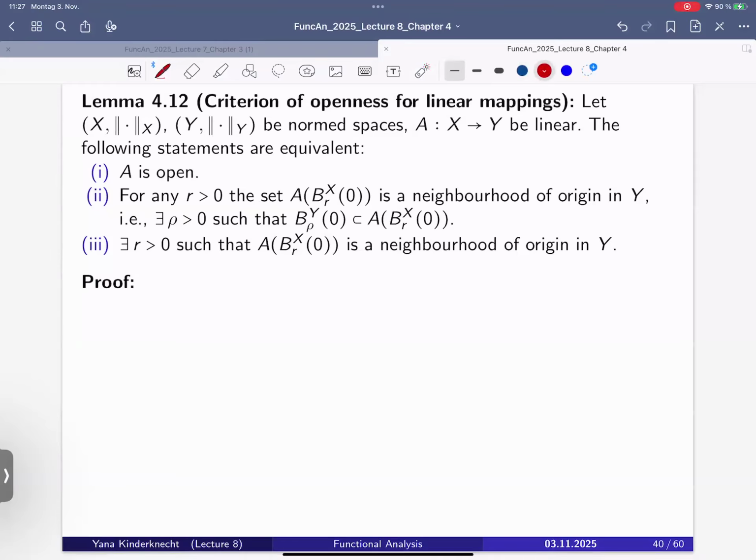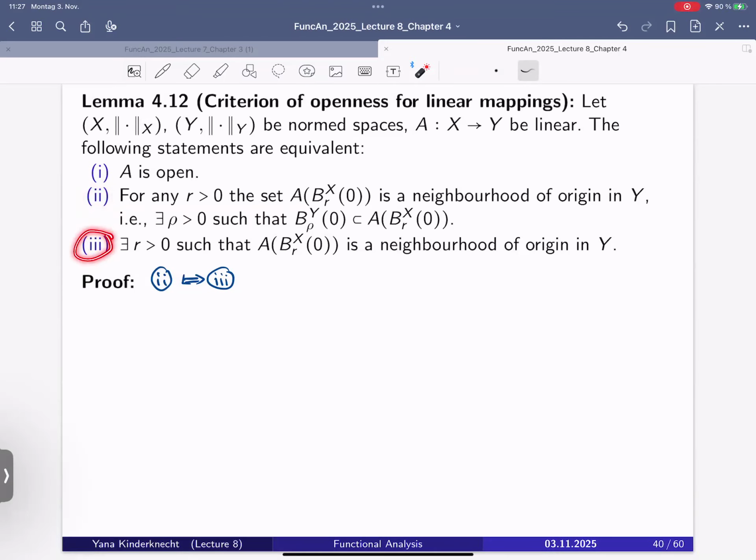Okay, so first of all, let us see that 3 and 2 are equivalent. 2 is equivalent to 3. So why? If we have 2, it implies 3, of course.